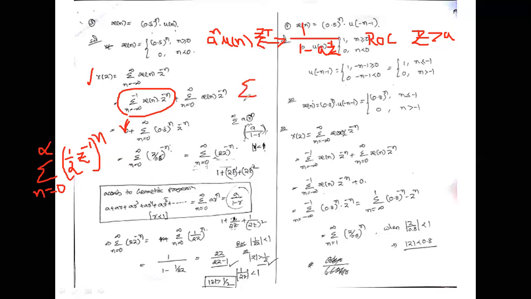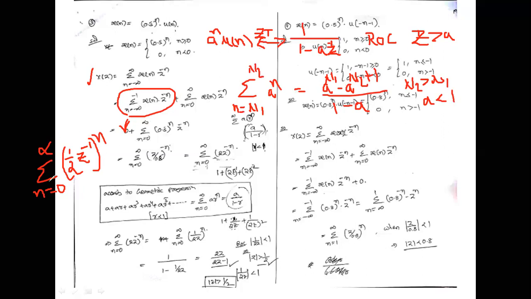Now I am using this function. When n is equal to n1 to n2, sum of a power n is equal to a power n1 minus a power n2 plus 1 by 1 minus a, and you need the conditions that n2 is greater than n1 and a is less than 1. A is less than 1, my dear students.